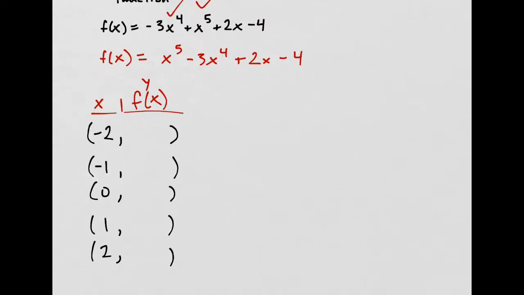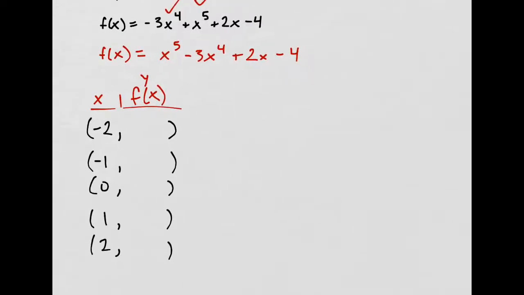So x to the fifth. Oh, how do I do that? There's the x to the y button on your calculator, maybe, for some calculators. That's how you would do that. So I want to plug in -2, so I put -2, and then the exponent of 5, and that gives me -32.